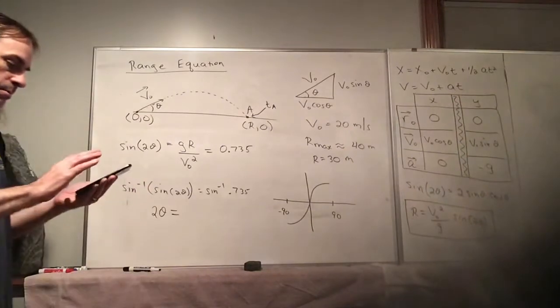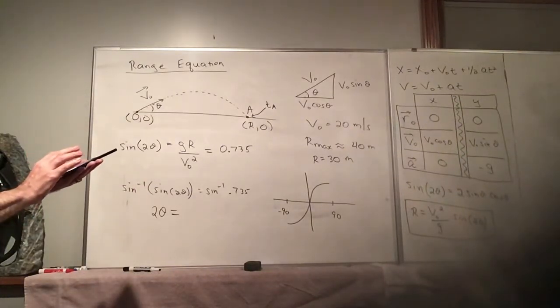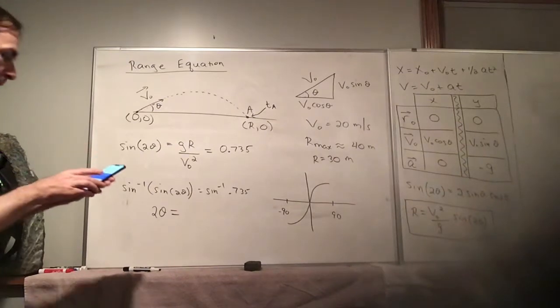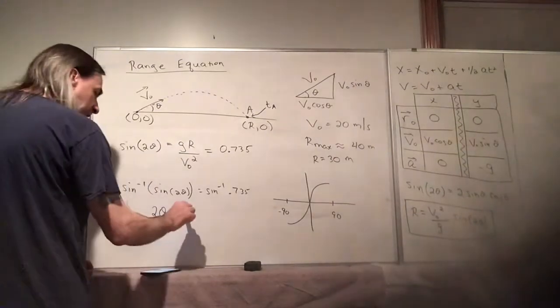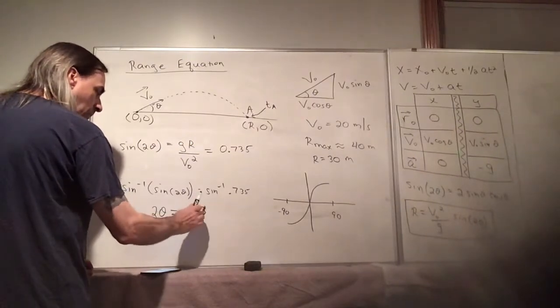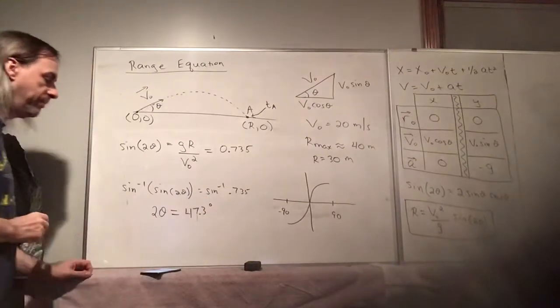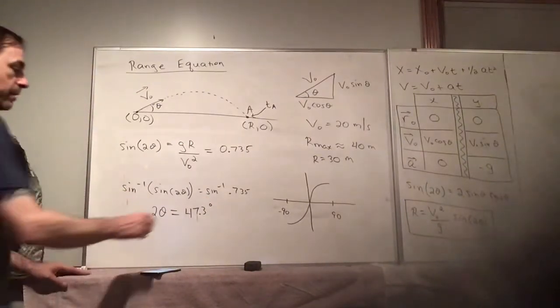Sine inverse of 0.735, which is 47.3 degrees. So that's what 2 theta is.